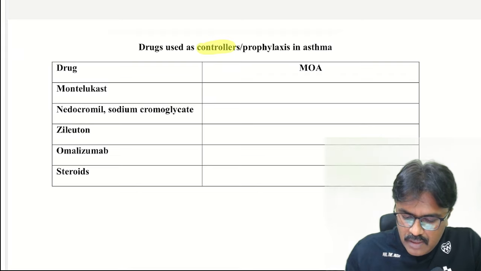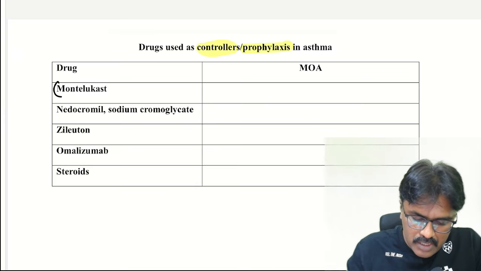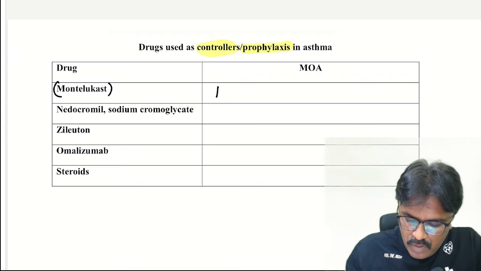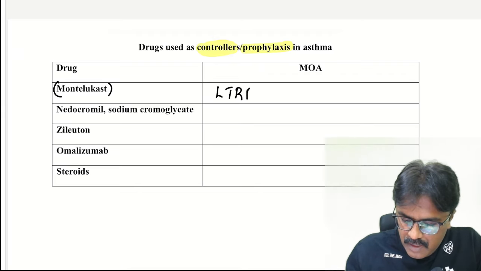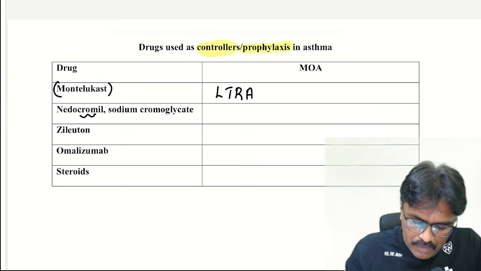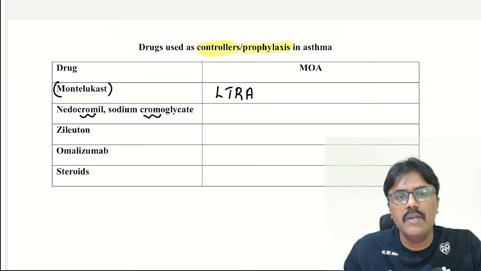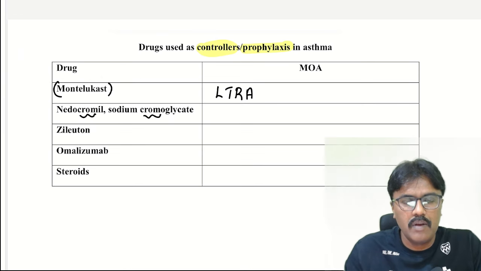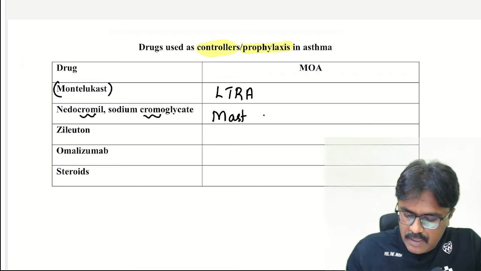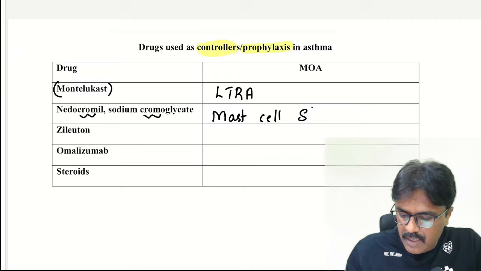Which drugs are used as controllers or prophylaxis in asthma? First one is montelukast. What is the mechanism that is frequently tested? It's a leukotriene receptor antagonist. Nedocromil, anything having chrome, nedocromil, sodium chromoglycate, they are mast cell stabilizers.